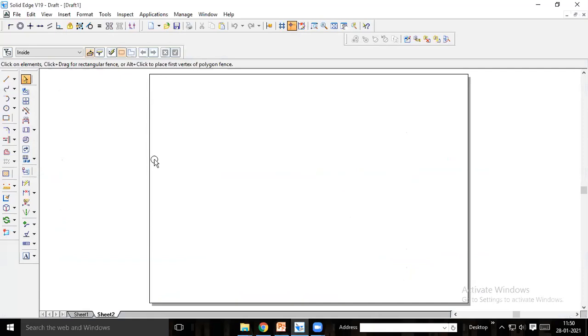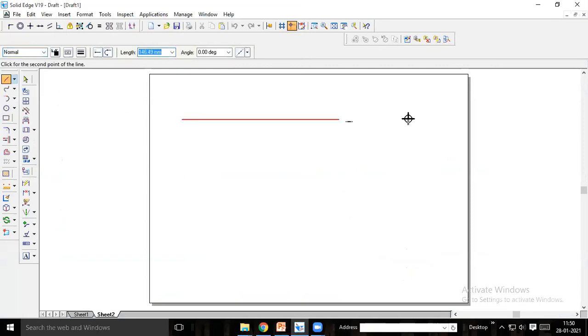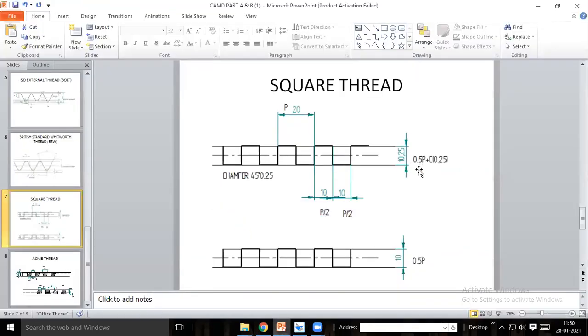We'll start doing this. First, you just simply draw the horizontal line. Pitch given here is 20 mm. They will give only the pitch value.